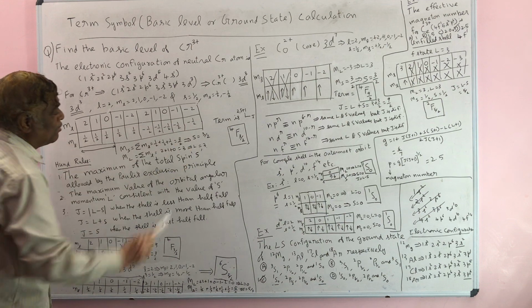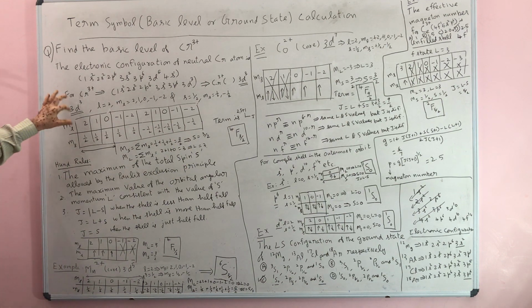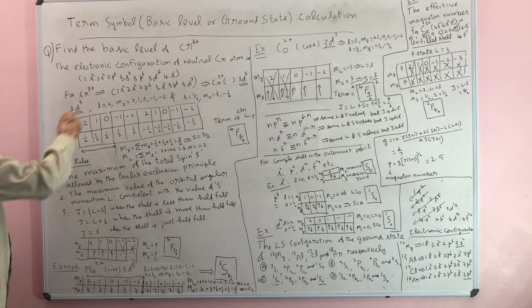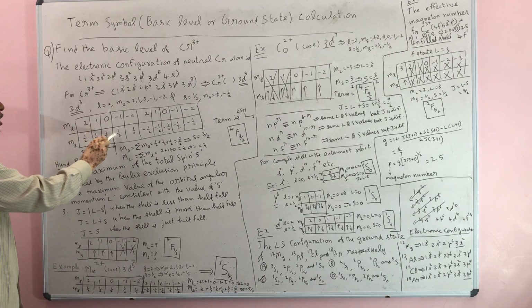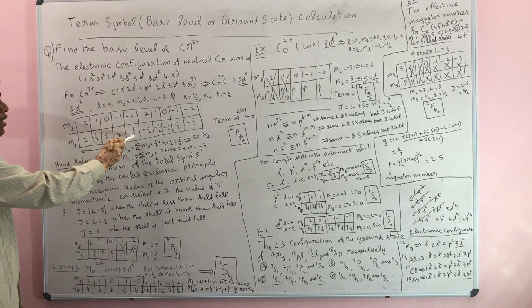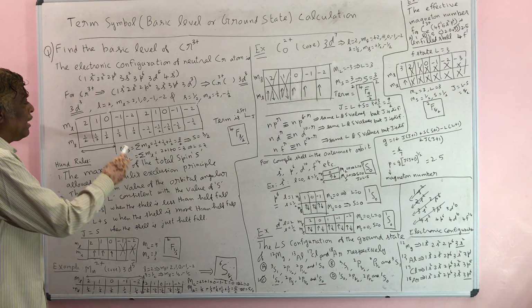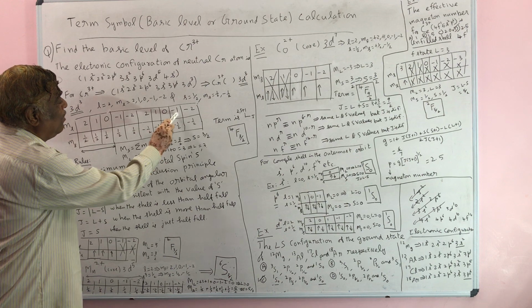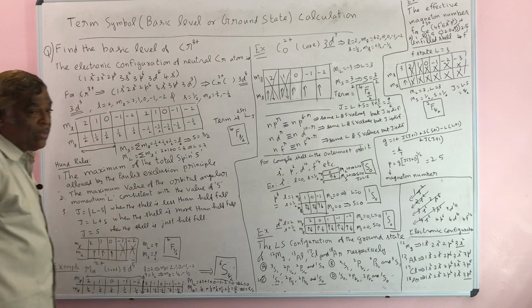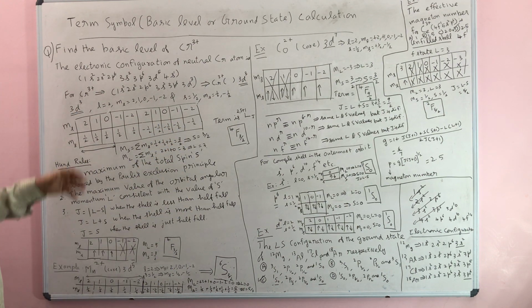Since the d state can have a maximum of 10 electrons, you have 10 states. So 2 with plus half is one state, 1 with plus half another state, 0, minus 1, minus 2, that's 5 states. And another 5 states are 2 minus half, 1 minus half, 0 minus half, minus 1 minus half, minus 2 minus half. So there are 10 states, and the electrons can take these 10 states.